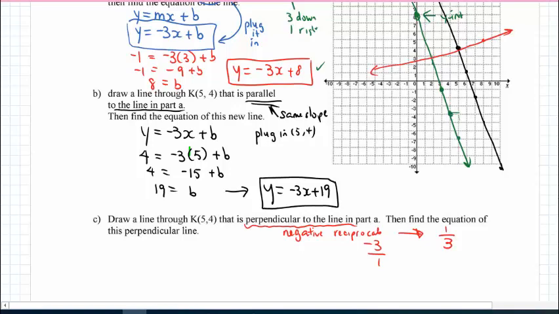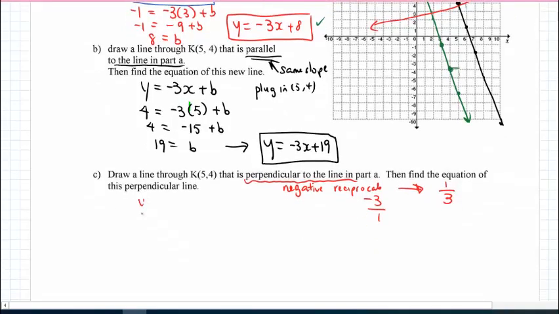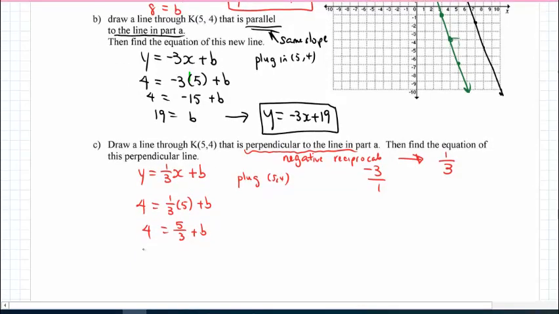And then now if I want to find the equation once again, this time using not negative 3 but positive 1/3 as my slope, and just like before, plugging in the point 5, 4. Oh, I see fractions. Uh-oh. Don't be scared. Oh, you are scared. That's okay. Subtract. Same thing, right? Same ideas.